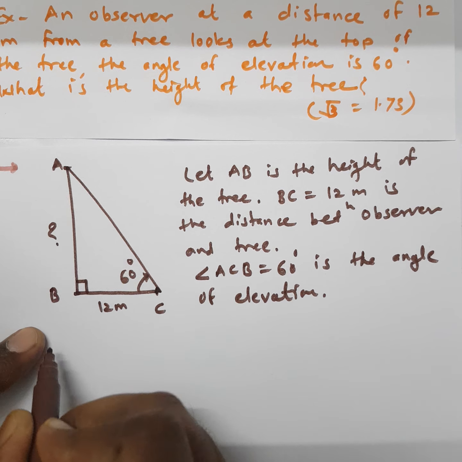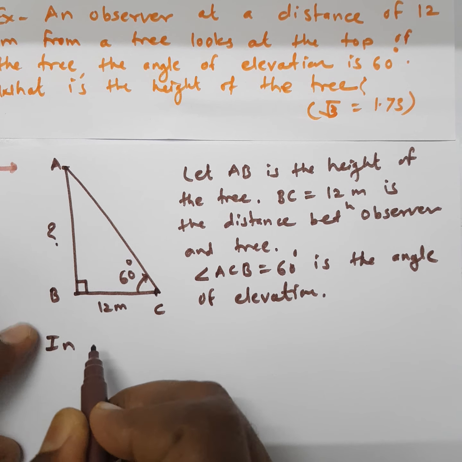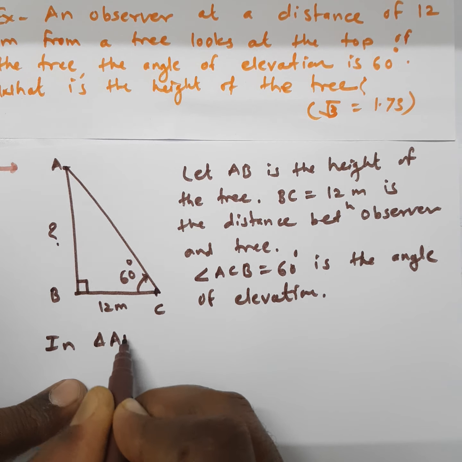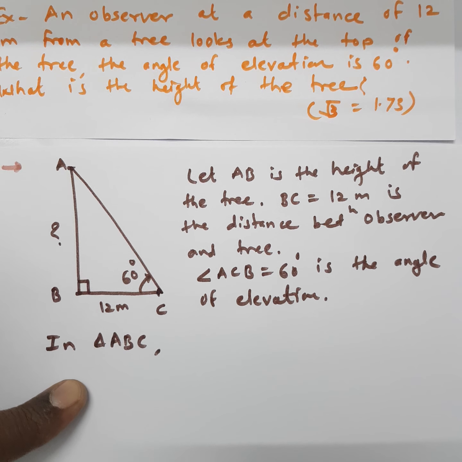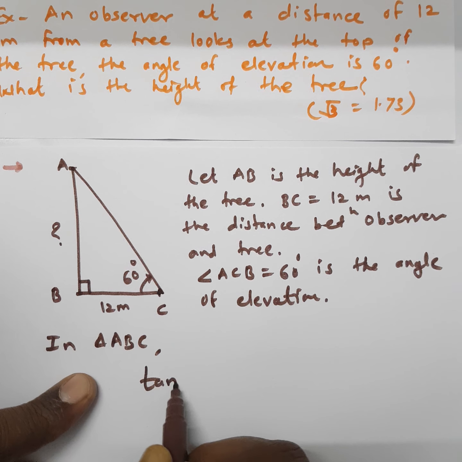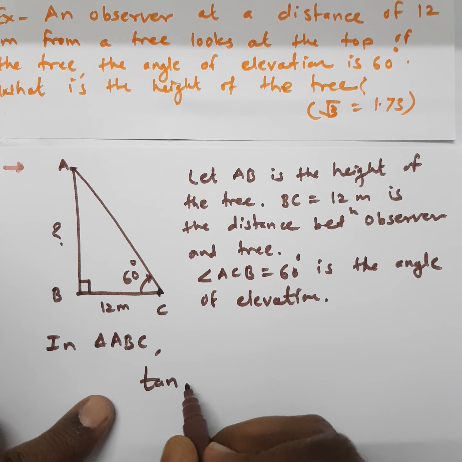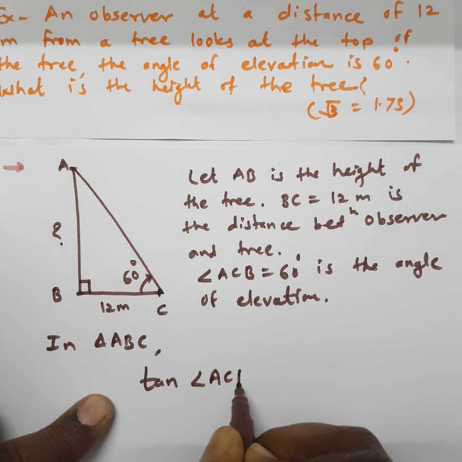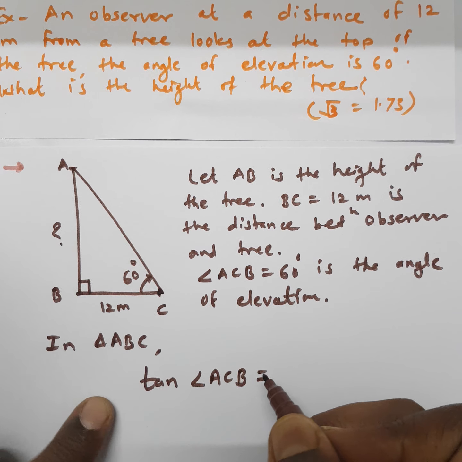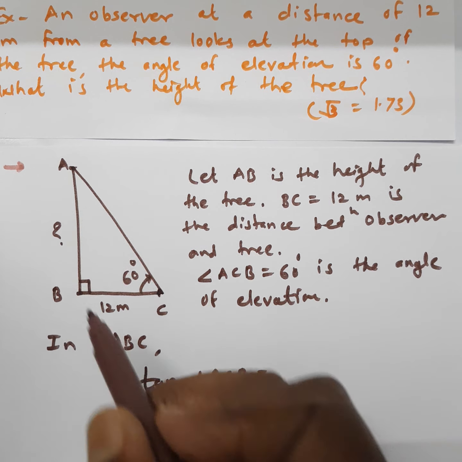Here triangle ABC is a right angle triangle. Therefore we can write, in right angle triangle ABC, tan ratio for angle ACB, tan ACB is equal to, what is the tan ratio?